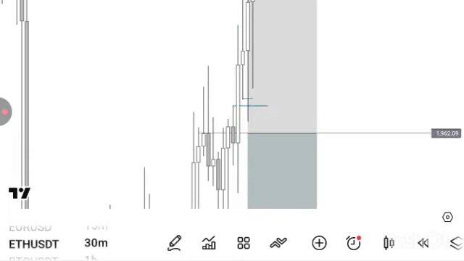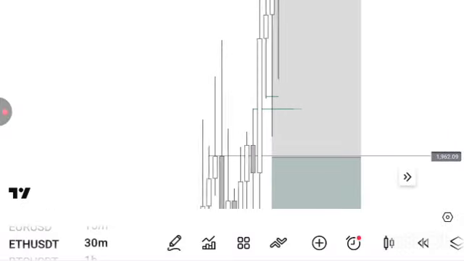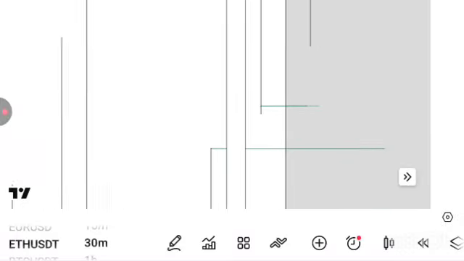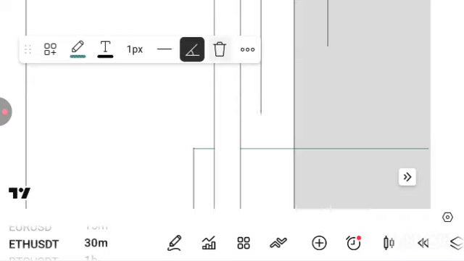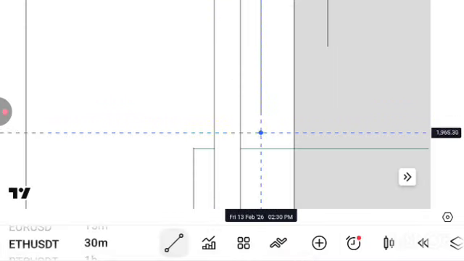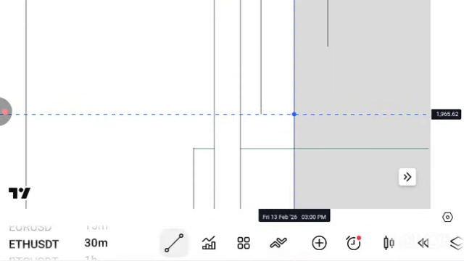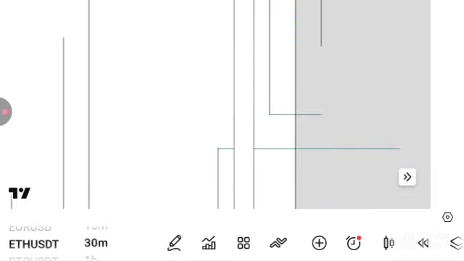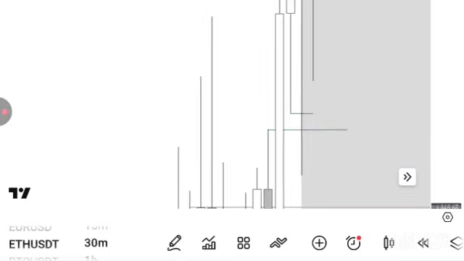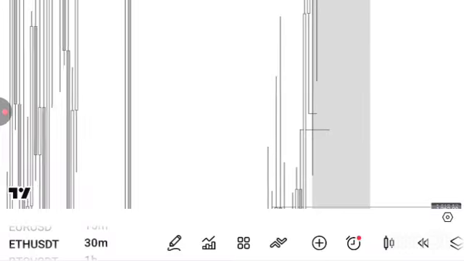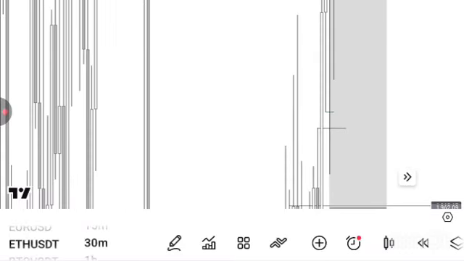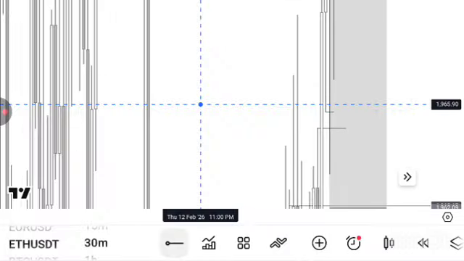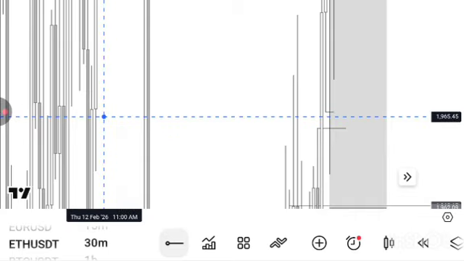This is the internal liquidity on the M30 time frame, and you also see there's an imbalance inside that particular level.